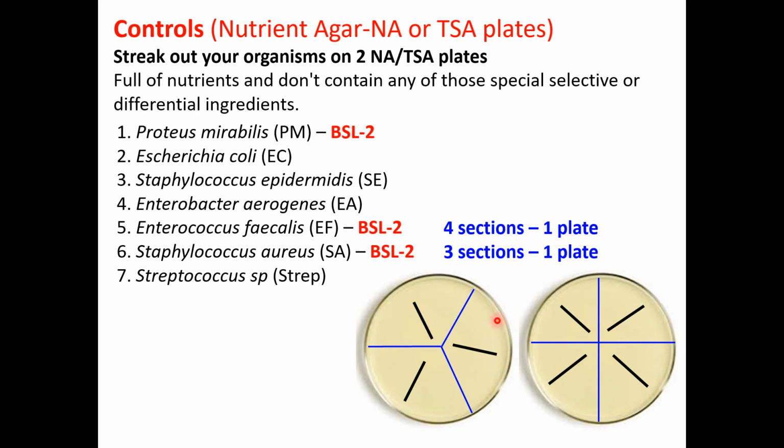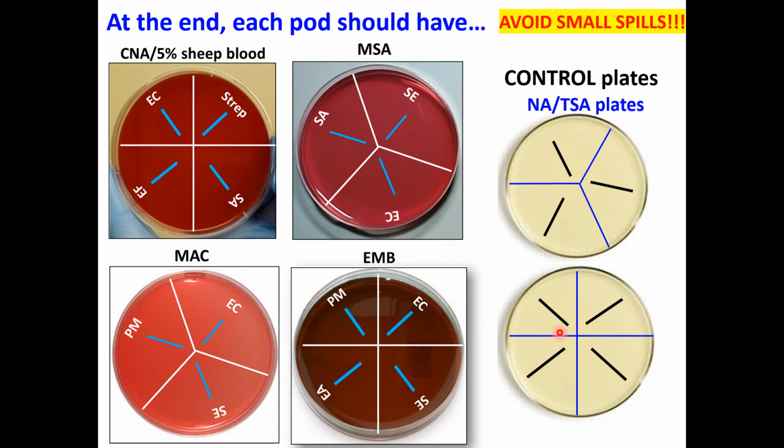This makes sure that the bacteria is healthy and would grow without any pressure of selection, because there are no ingredients blocking their growth, so they would grow just fine. When we see the control plates, then we can look at the results. So at the end, this is what you guys would have.